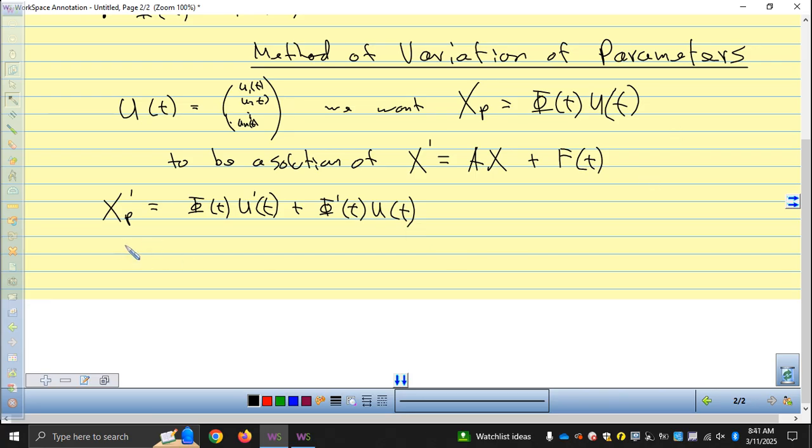And we're going to substitute x of p and x prime of p in the original system. So we're going to substitute that in here.